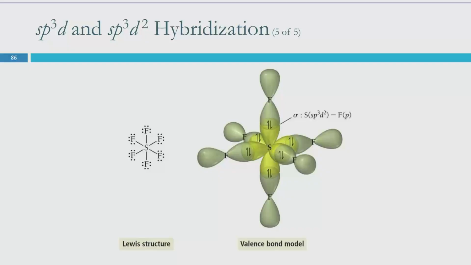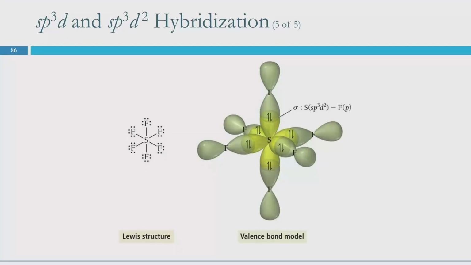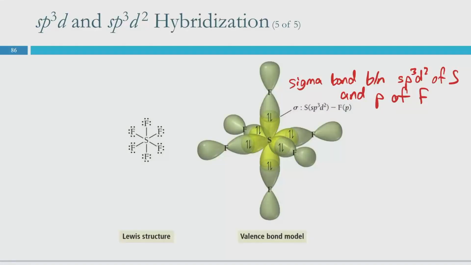And that could look like this with SF6. So we've got our sulfur in the middle. Our sulfur, because it's got 6 things on it, is hybridized into sp3d2. So we've got a sigma bond between the sp3d2 of sulfur and the p orbital of fluorine.